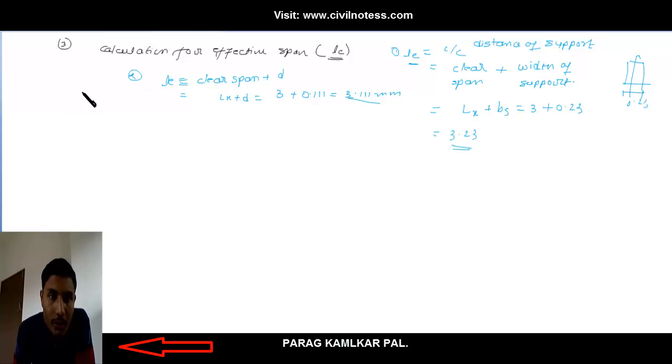Next what we have to do is take the smaller value of the 2. Comparing 3.111 and 3.23, this value is really very smaller. So we take LE as the smaller value of the 2, which is 3.111.